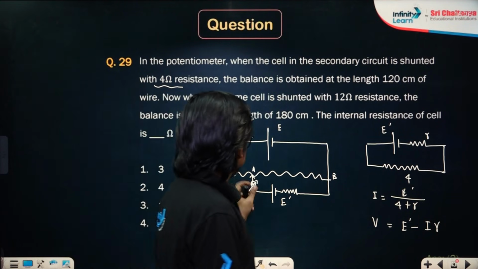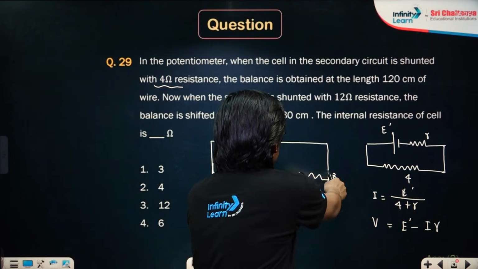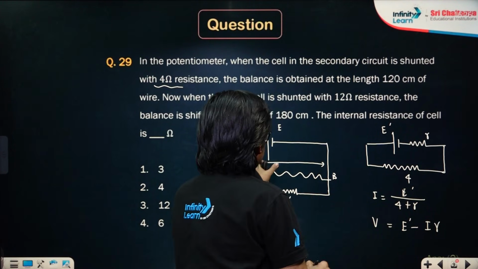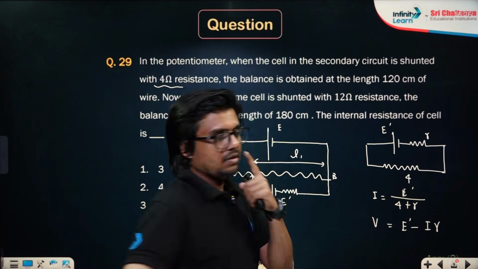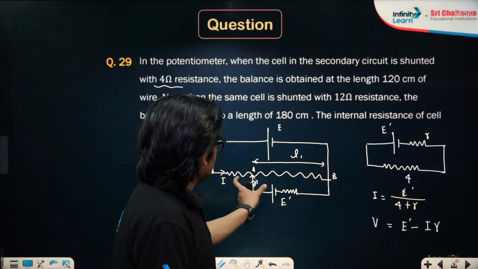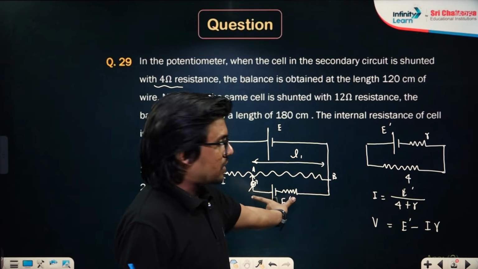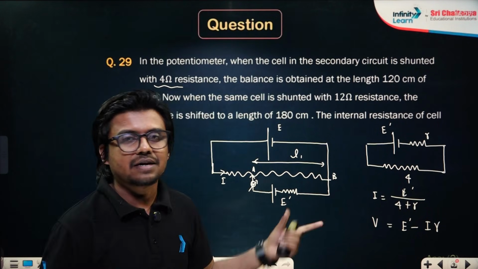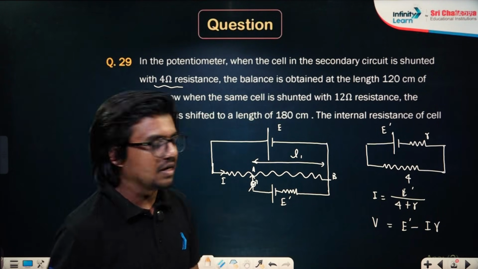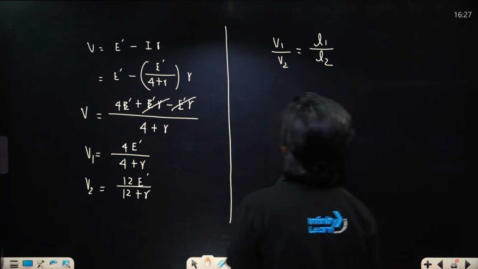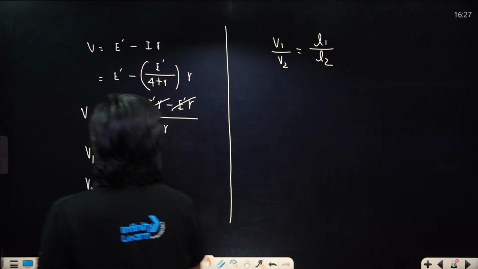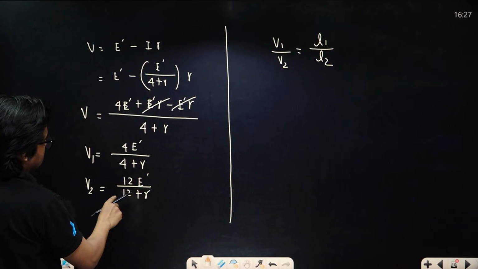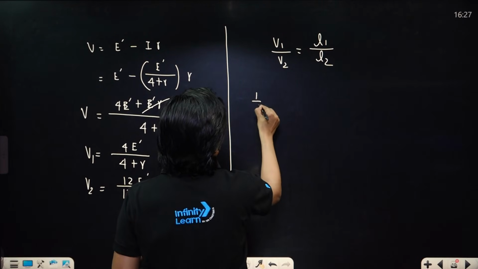If you multiply this current I with this length, suppose that balancing length is L1 in the first case, then the voltage drop across the terminal of the battery, which is V1, is equal to I into L1. In the second case, it is I into L2. So I can write V1 by V2 is equal to L1 by L2. If I do V1 by V2, you will get 1 by 3.